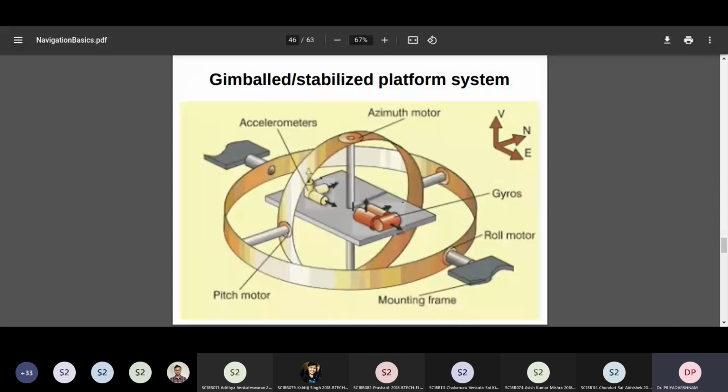Due to the coefficient of friction, all these gimbals will encounter small changes in rotation when the rocket is rotating in the east, north, and V directions. These are compensated by making measurements using the innermost gyros and then feeding them back to the roll motor to bring it back to the original direction.